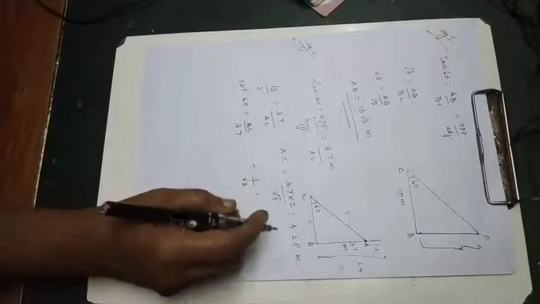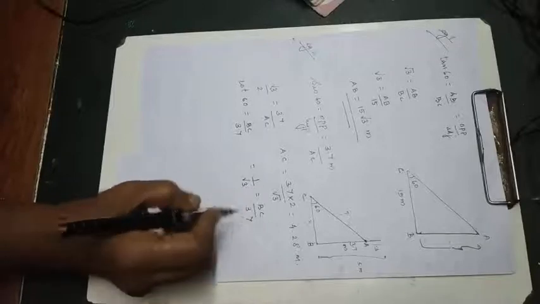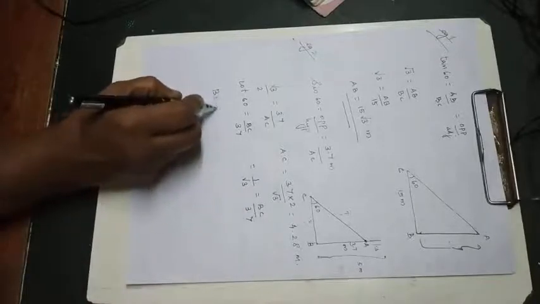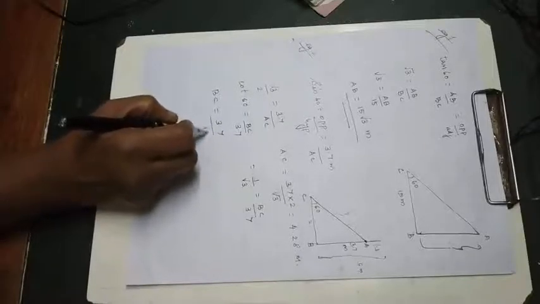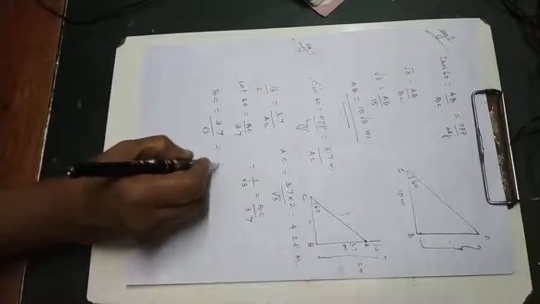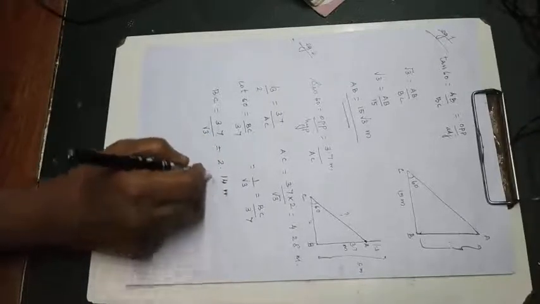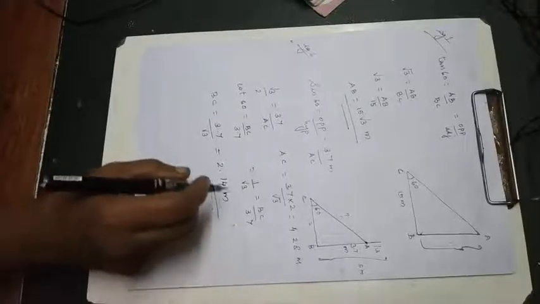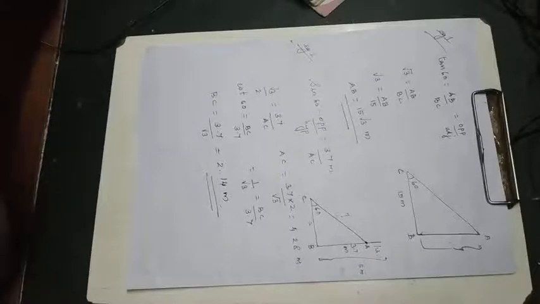That is equal to BC by 3.7, or BC is equal to 3.7 by root 3. Again, that value is simplified, that is given 2.14 meter. Okay, so root 3 value is given in the question itself, that is 1.73. So multiply with that one and get the answer.